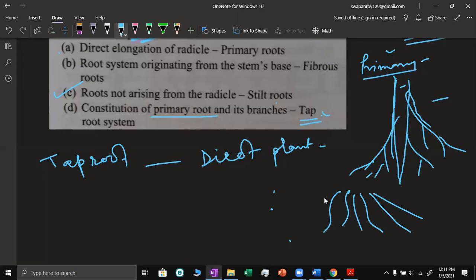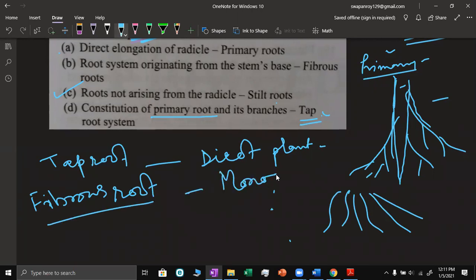They don't have much branching, so that is the fibrous root system. This is characteristic of monocot plants: grasses, bamboo, paddy, maize, wheat. In them it is the fibrous root system.